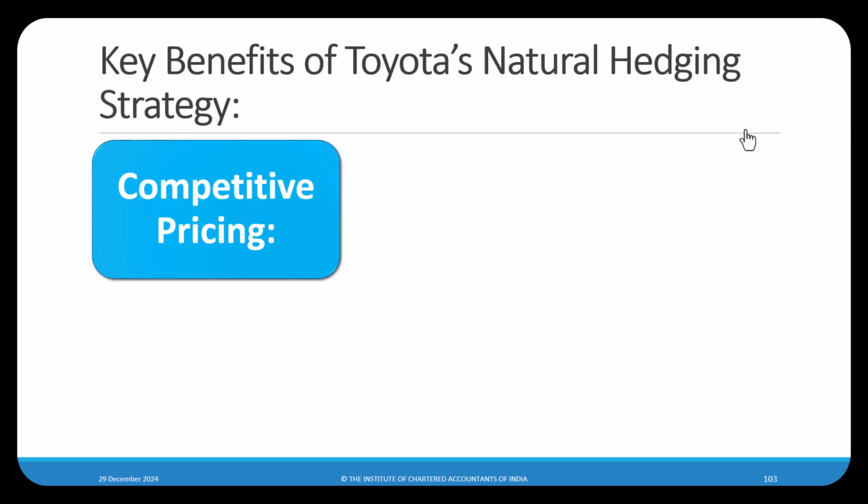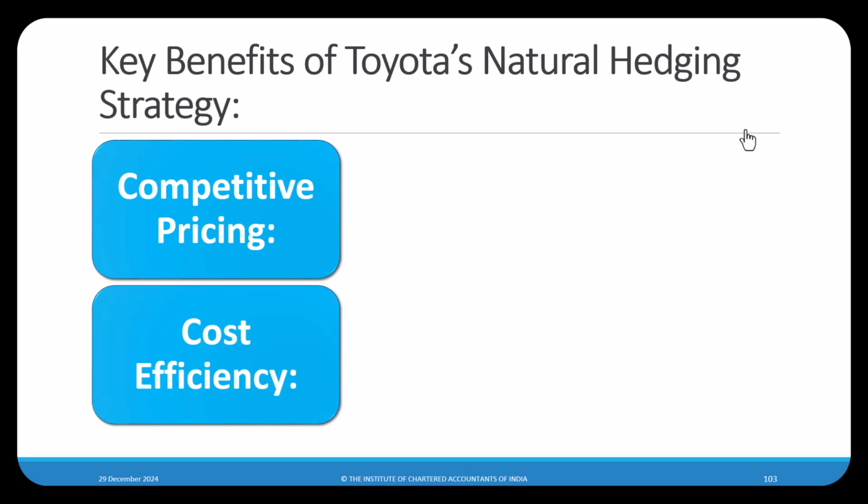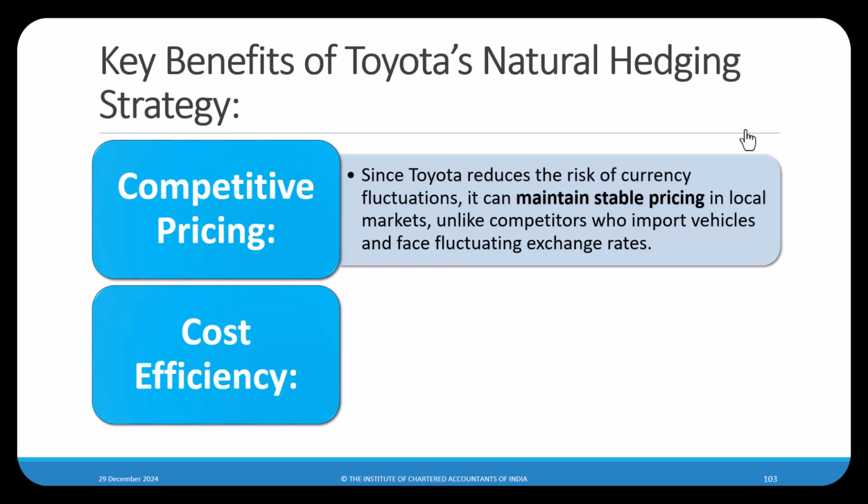So, competitive pricing: when the operations are stable, there is no need to shift the prices. Since Toyota reduces the risk of currency fluctuations, it can maintain stable pricing in local markets, unlike competitors who import vehicles and face fluctuating exchange rates.